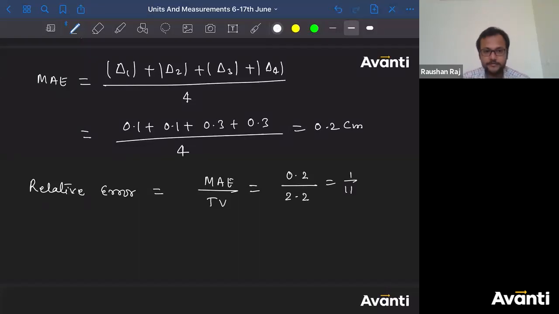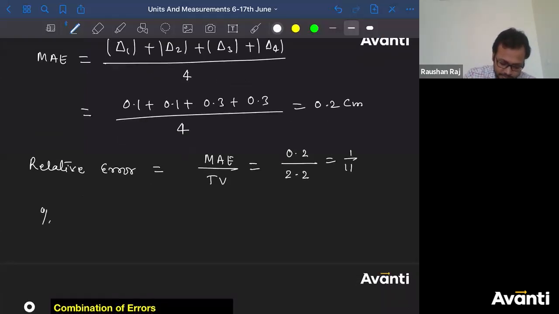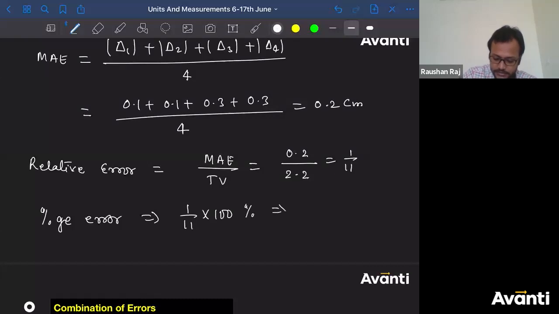Correct? Very good. What will be the percentage error, guys? It will be 1 by 11 into 100, so you can say 100 by 11 percent. You can take the decimal and all. Guys, did you understand this?